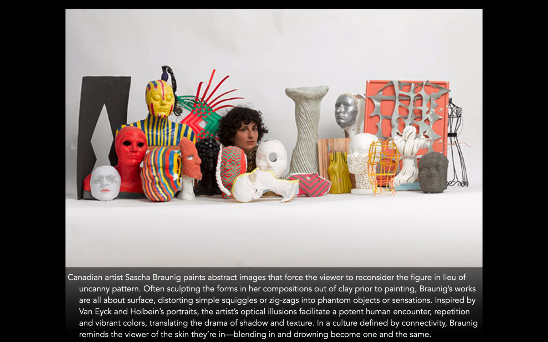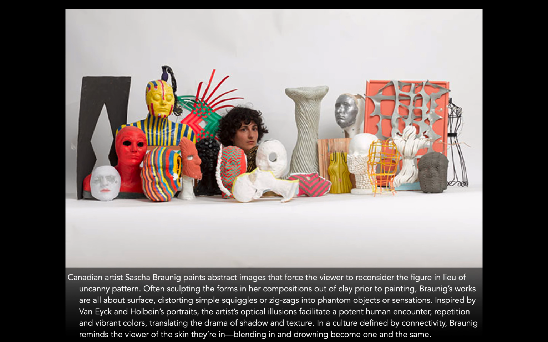Canadian artist Sascha Braunegg paints abstract images that force the viewer to reconsider the figure in lieu of uncanny pattern. Often sculpting the form in her compositions out of clay prior to painting, Braunegg's works are all about surface, distorting simple squiggles or zigzags, patterns, into phantom objects or sensations.